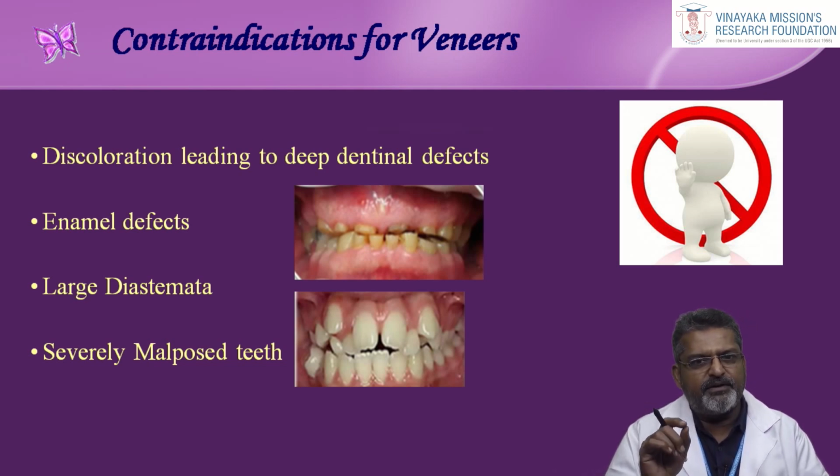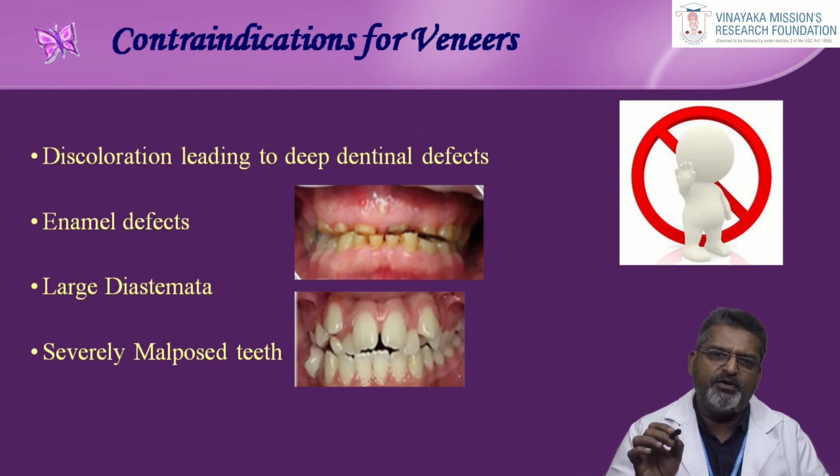As you know, the resin has better bonding to the enamel rather than dentin. So when your discoloration is deep into the dentinal area, or the defect of your enamel is encroaching into the dentinal space, then veneering should be abandoned. Okay, so that is your first contraindication.